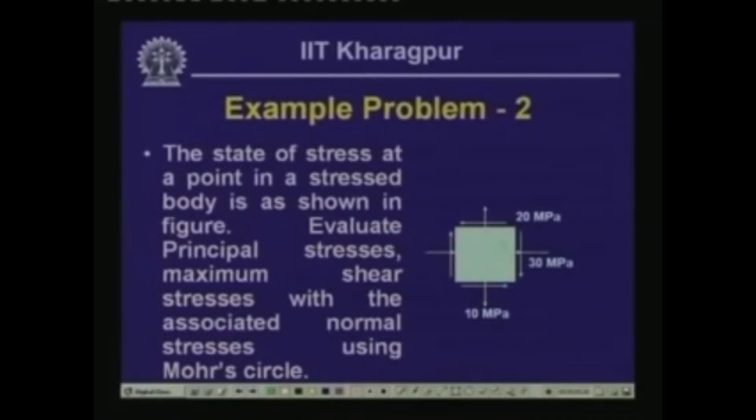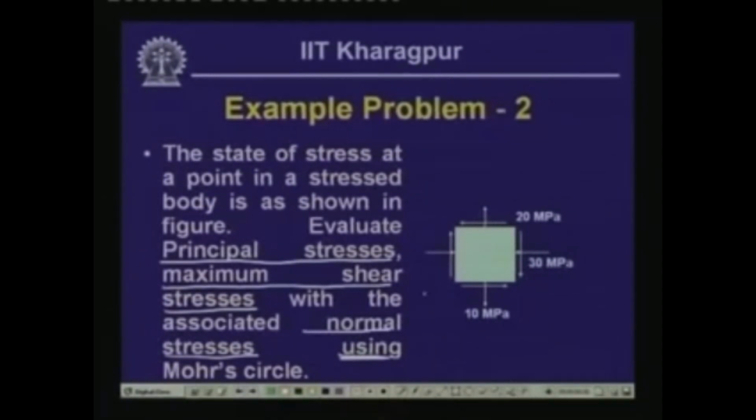This problem states that these are the stresses acting with the rectangular axis system, sigma x, sigma y and tau xy, and we will have to evaluate the principal stresses and the maximum shear stresses along with the associated normal stresses, and we will have to use Mohr circle to evaluate these quantities.